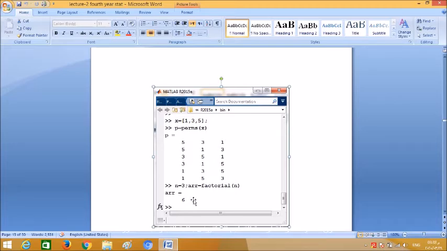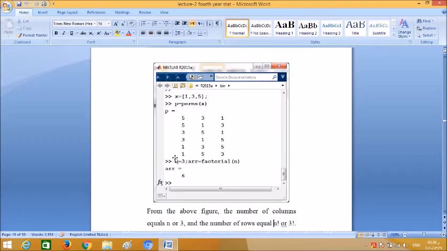So perms deals with all the objects. You want to arrange all the objects, not some objects from a larger number of objects. So when you want to get the permutation for some of the objects, use combination and factorial instead of the MATLAB function.